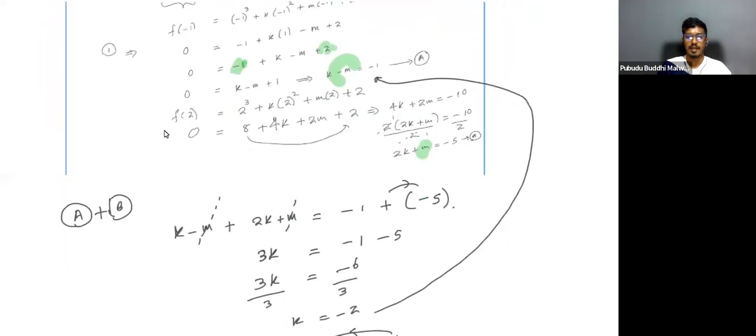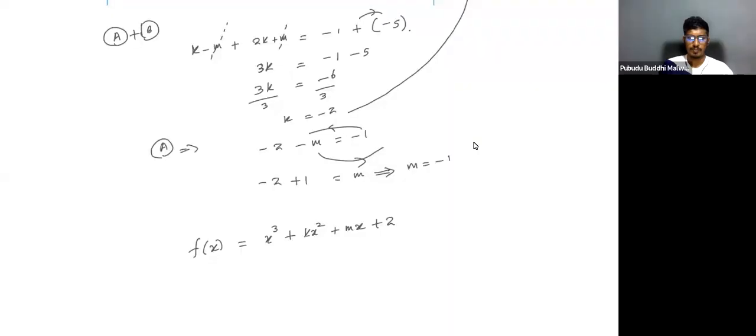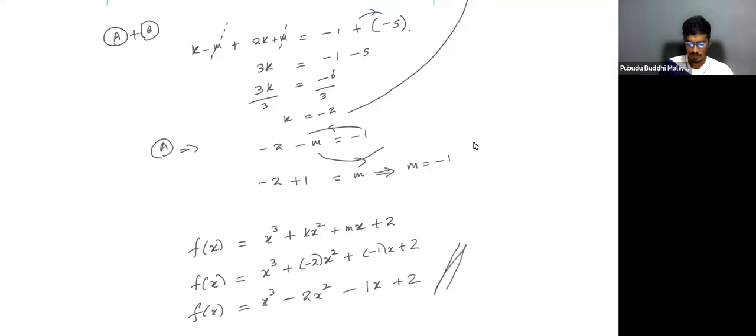Hence we can write, now substituting k and m into the original function, you will get something like this. Minus 2, here minus 1. So that's the function. Plus 2. That's the function, right?